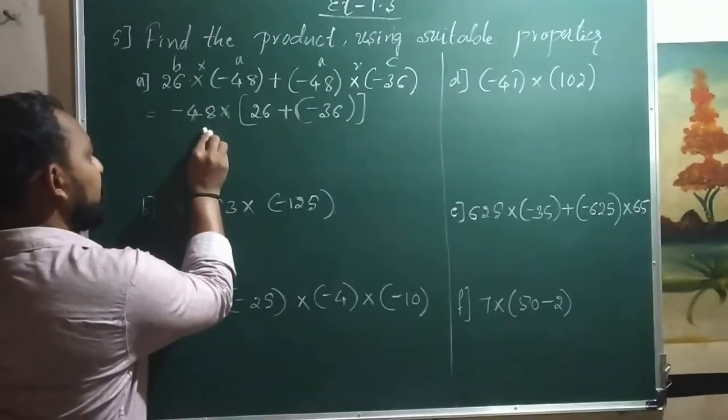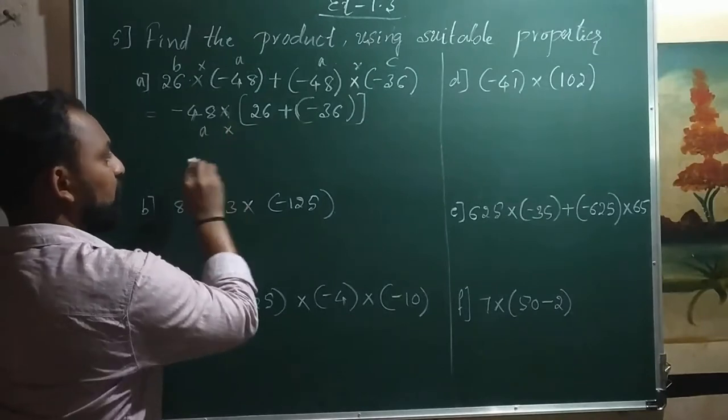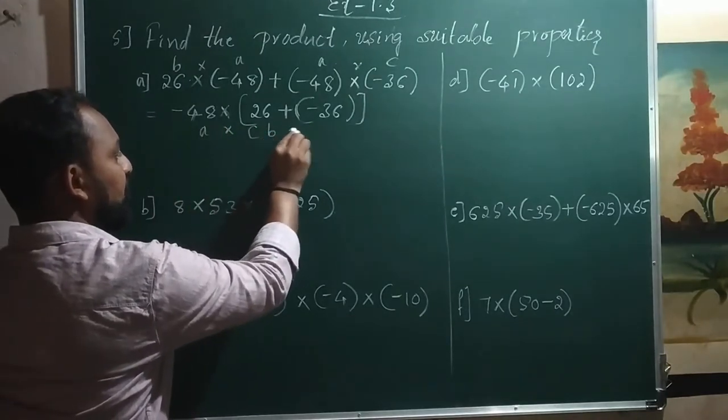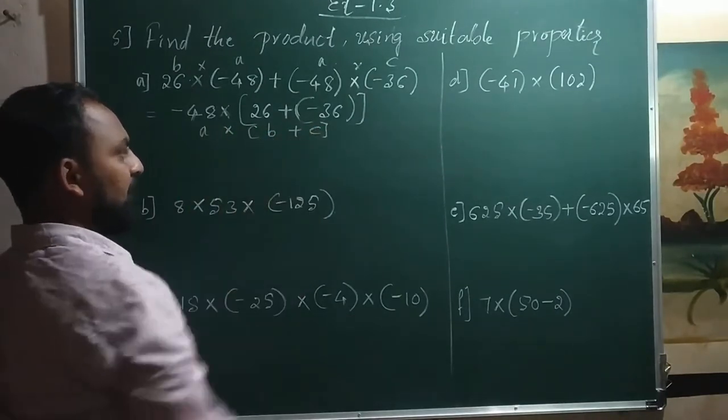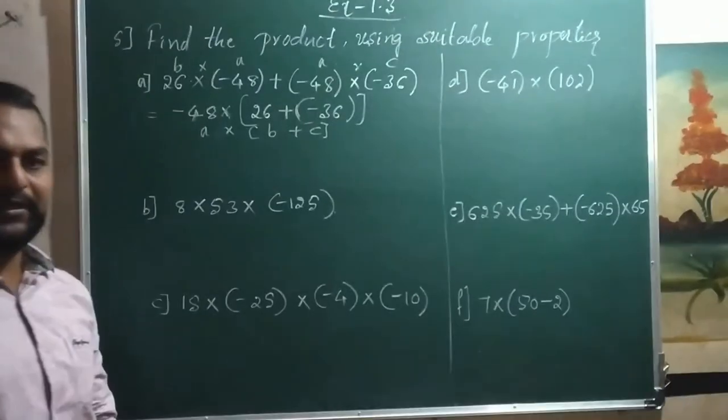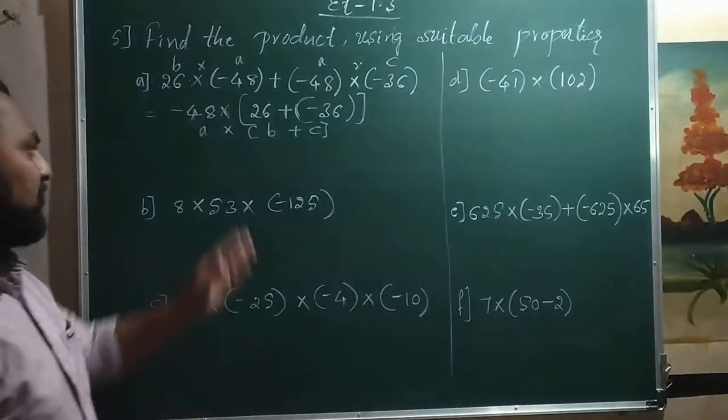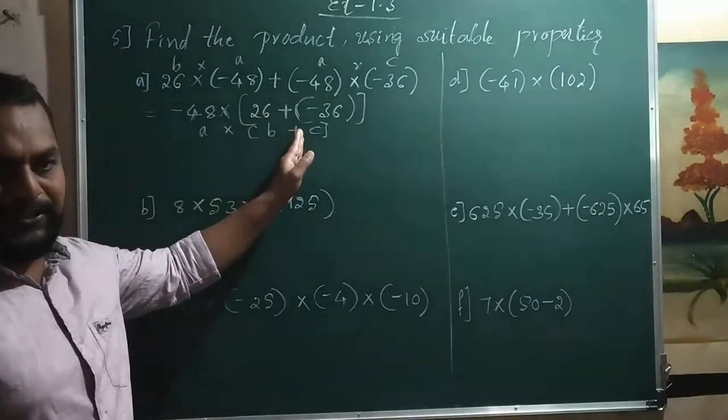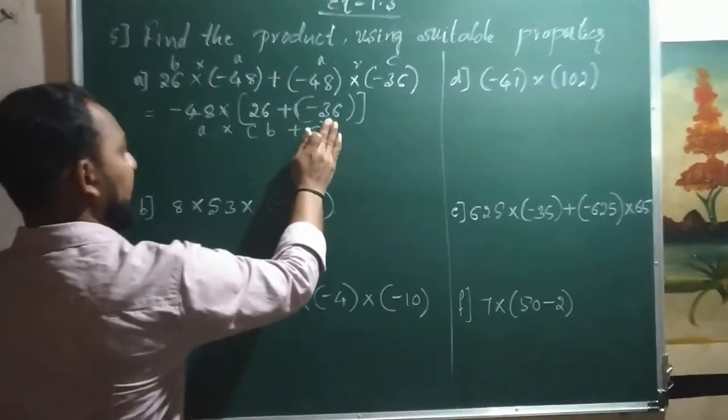So A into B plus C is the distributive property, multiplication over addition.